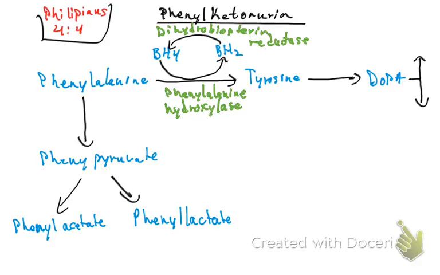One is called melanin, and the other is called catecholamines. Tyrosine, as we mentioned before, can go to two places. I didn't put the arrow before, but one of those is DOPA. DOPA goes to melanin and to catecholamines.